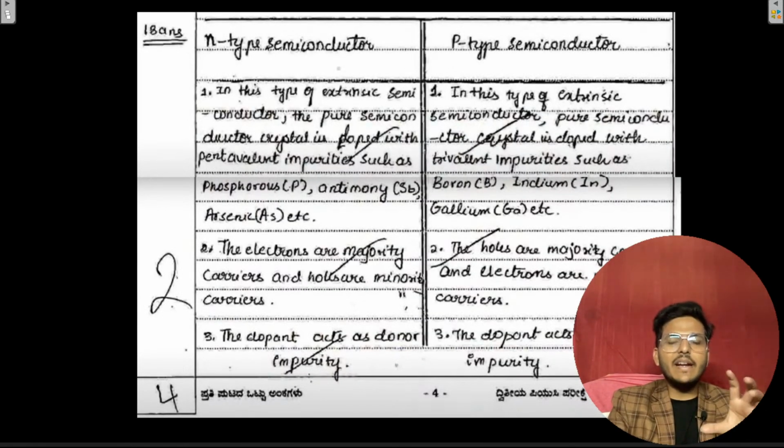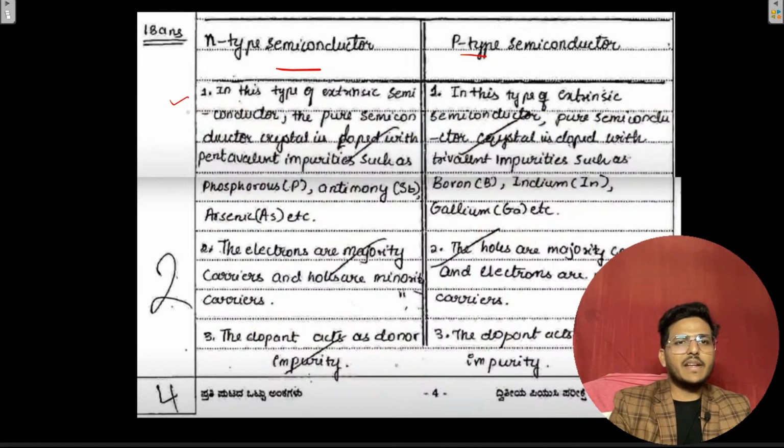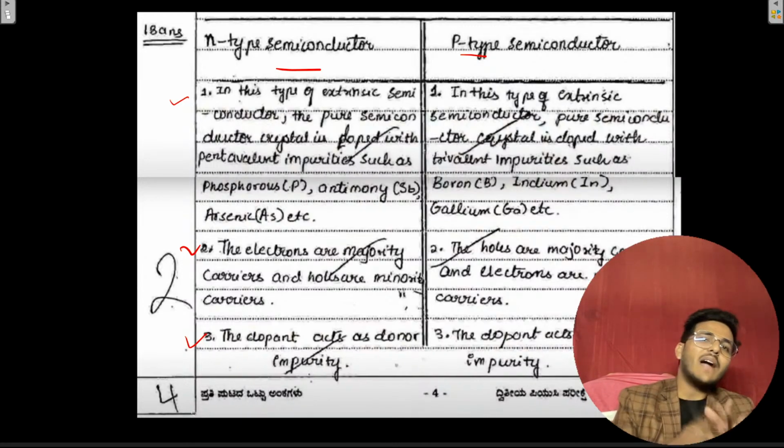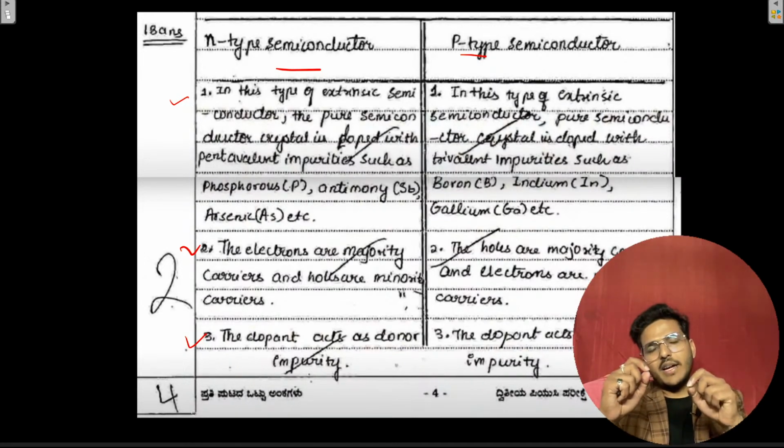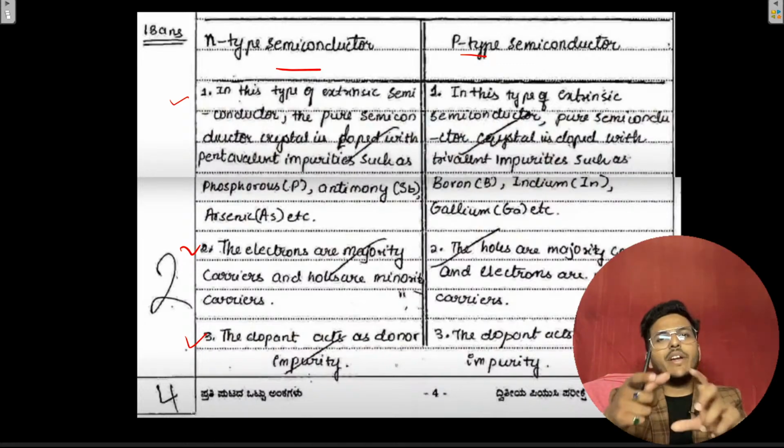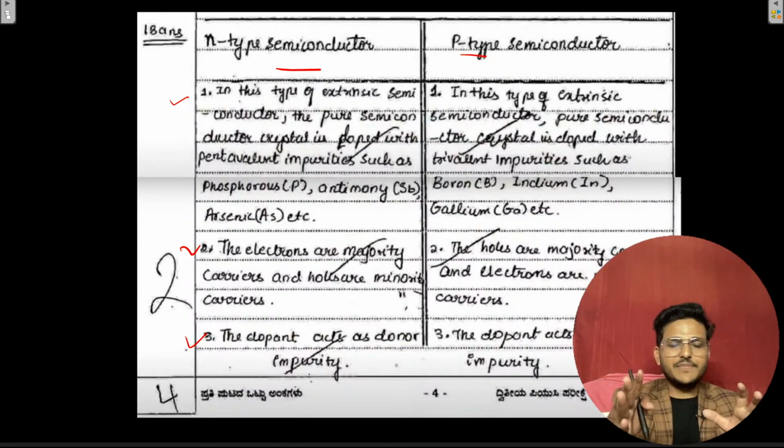See, similarly in a difference question, if they ask the difference between n-type and p-type semiconductor, just put n-type semiconductor, p-type semiconductor and draw a line in between them, then compare the properties, right? All right, first point, second point, third point. If you want to score maximum marks, then you have to write your answer in bullet form, that is in point form, right?